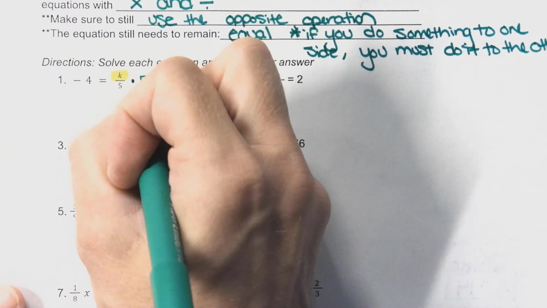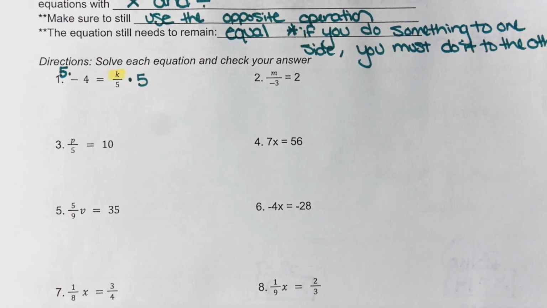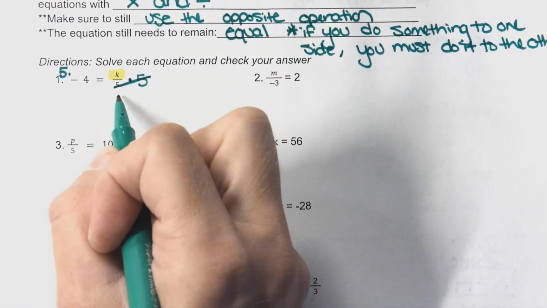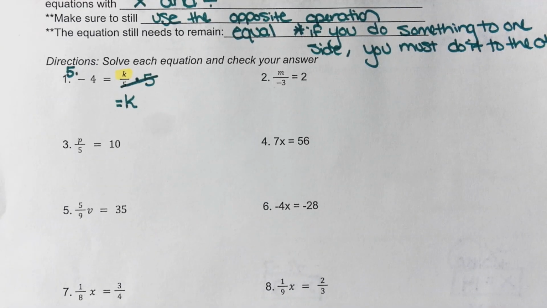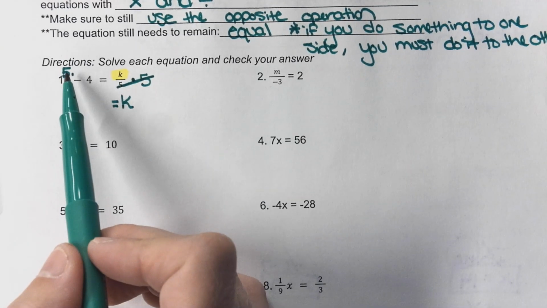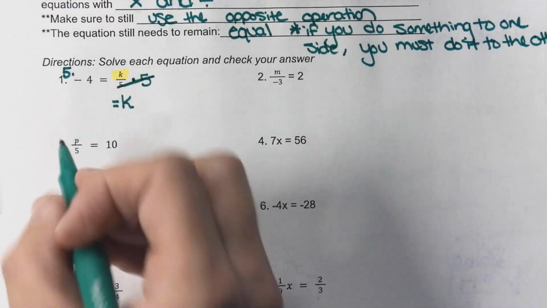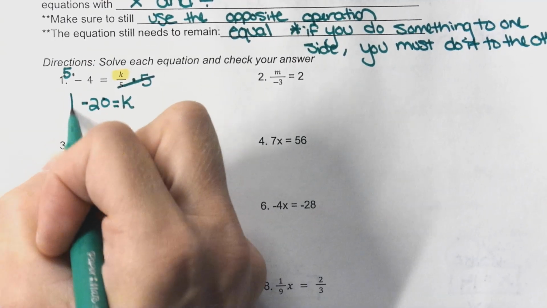So I'm going to multiply each side by 5. So to undo stuff that's happening, we need to multiply in this situation. So these 5s are going to cancel. So now K is all by its lonesome. It's isolated. It's another word we use. And on your calculators, we're going to do 5 times -4. Not regular 20, but -20.